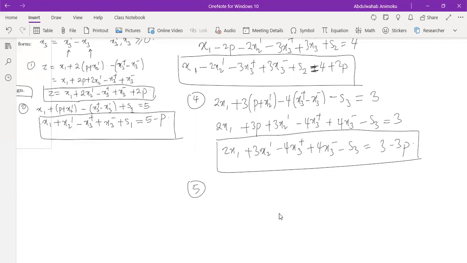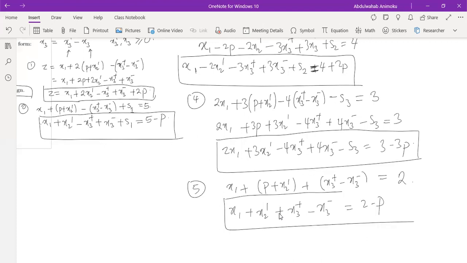Now, I think we're in the fifth one, which states that x1 plus x2, which is p plus x2 prime, plus x3, which is x3 plus minus x3 minus equal to 2. Okay, so if you rewrite this, you just basically have this, 2 minus p. Okay, very good, very good.